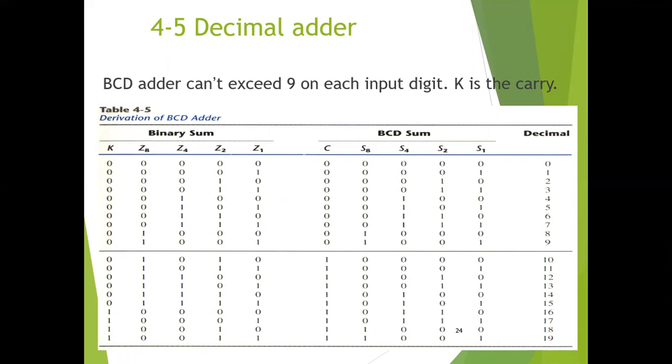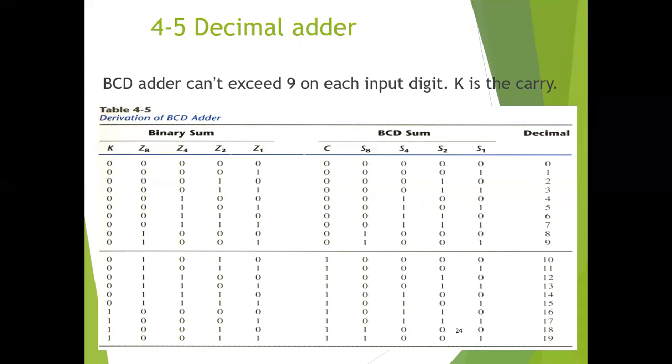9 input bits and 5 output bits, and of these 9 input bits, 4 bits are required to code each decimal digit. To represent each decimal digit, 4 bits are required, and the circuit must have an input and output carry.